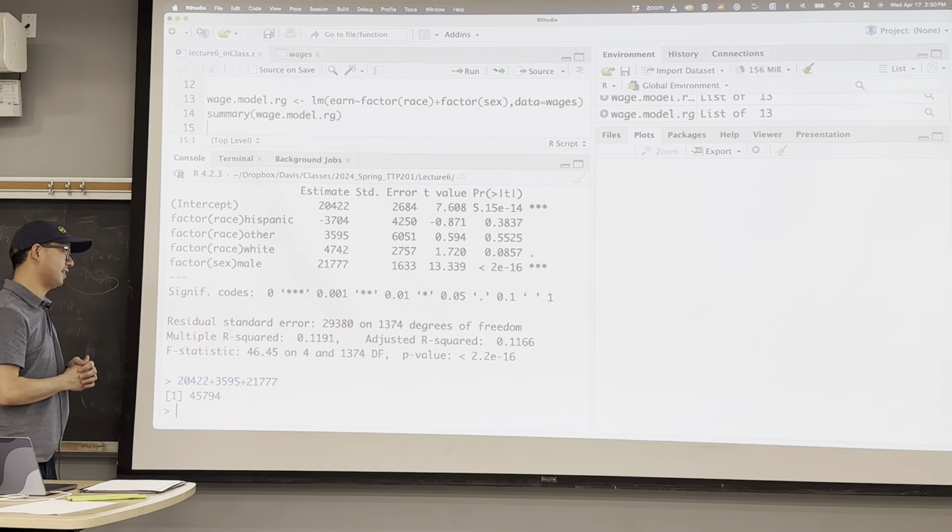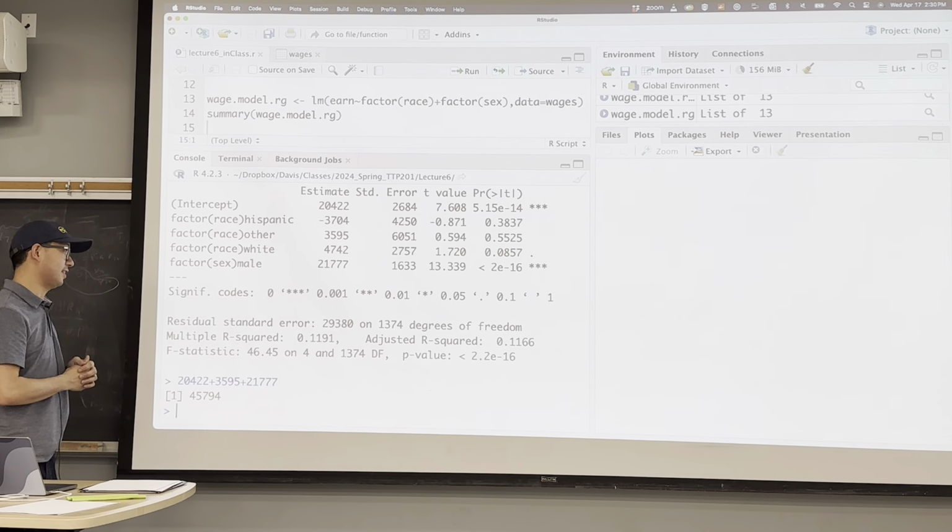Okay, so I have a question for you guys. These values here, if I look at the standard errors, they're not really statistically significant. So help me interpret that.